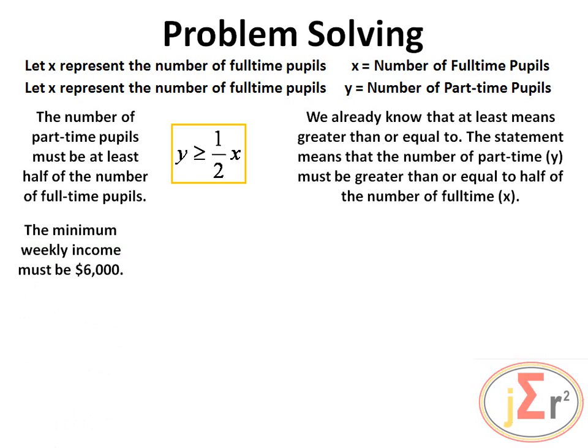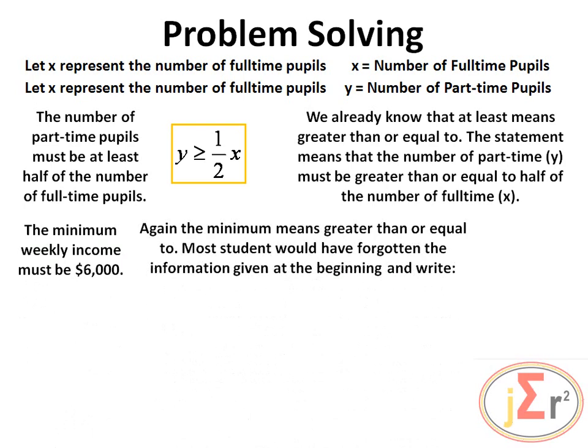The minimum weekly income must be $6,000. Again, the minimum means greater than or equal to. Nothing can be less than the minimum. It has to be greater than or equal to.